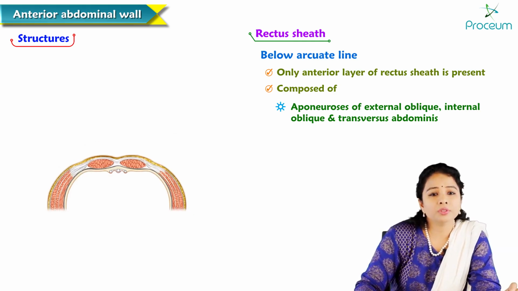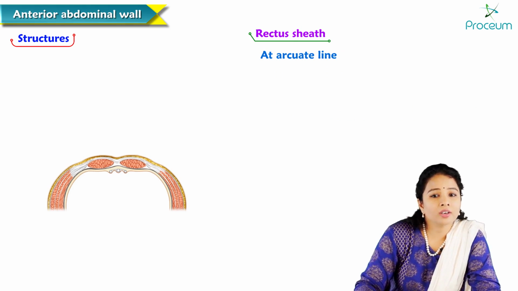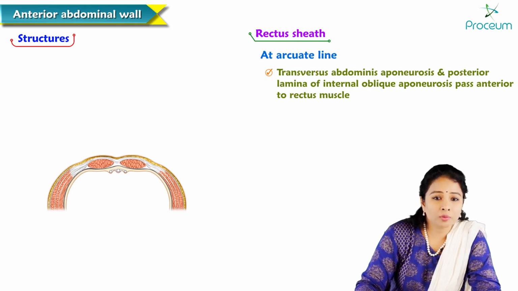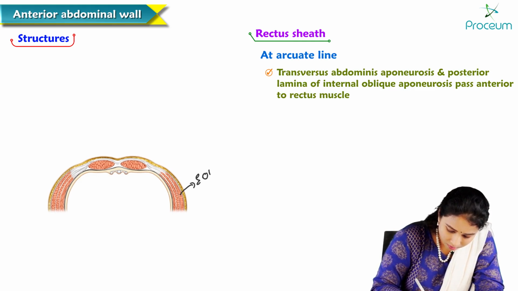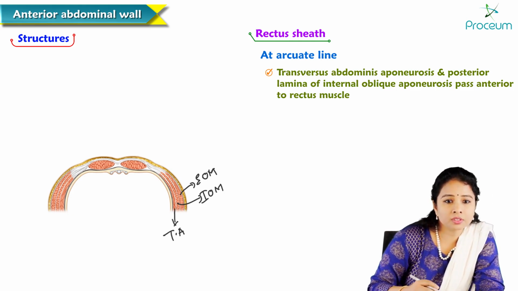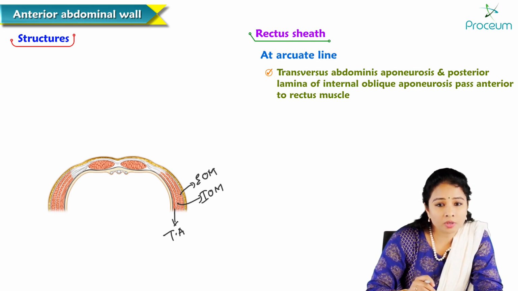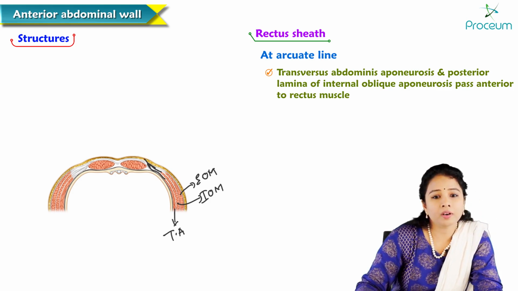So let's see the composition of the rectus sheath at the level of the arcuate line. At the arcuate line, the transversus abdominis aponeurosis and the posterior lamina of the internal oblique, all of them blend along with the external oblique aponeurosis.